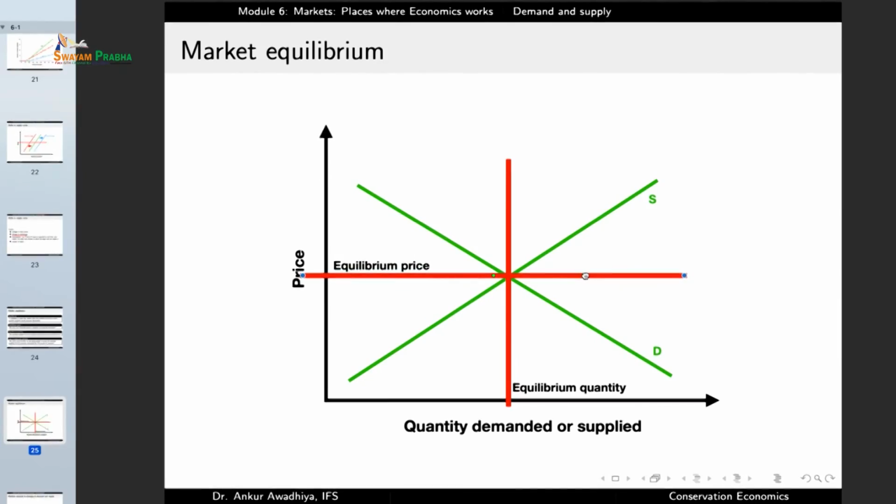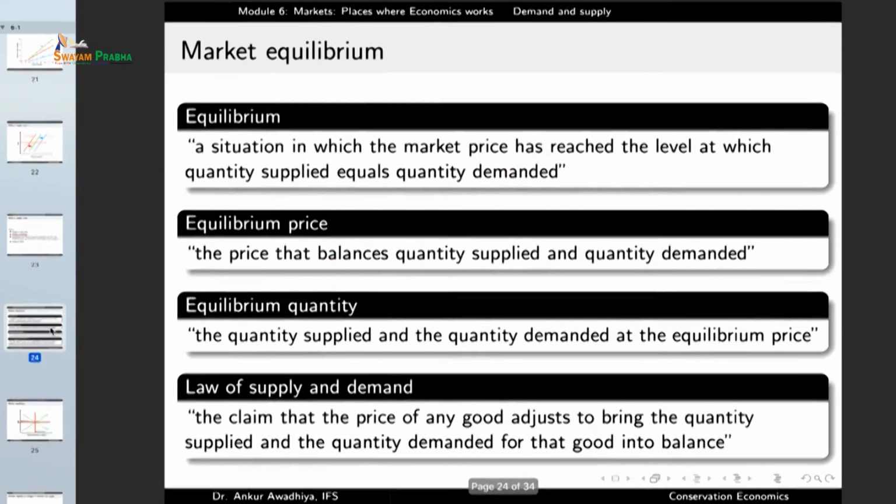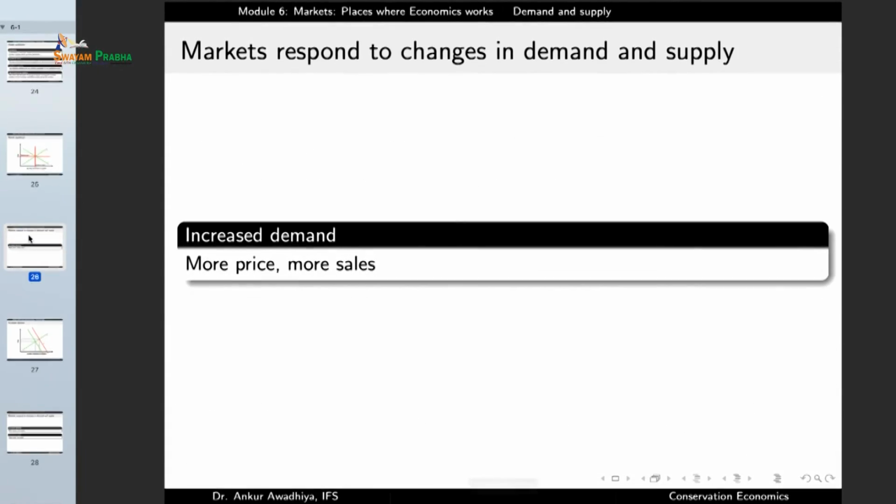So it adjusts to bring the quantity supplied and the quantity demanded for that good into balance. And at that price, known as the equilibrium price, the quantity demanded is equal to the quantity supplied, which is the equilibrium quantity. Now, how do markets respond to changes in demand and supply?